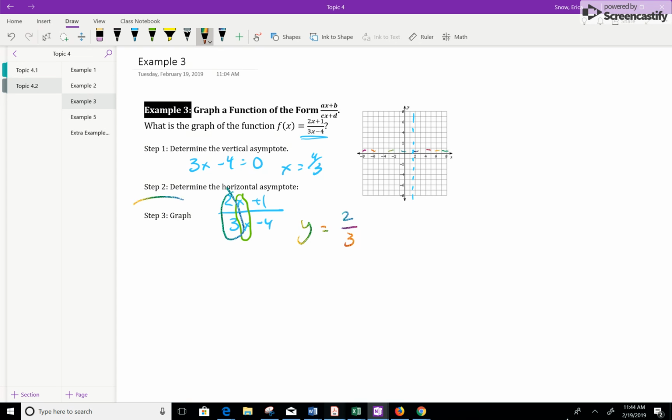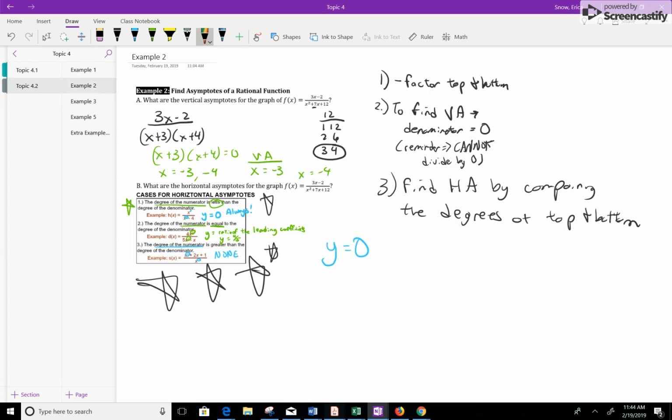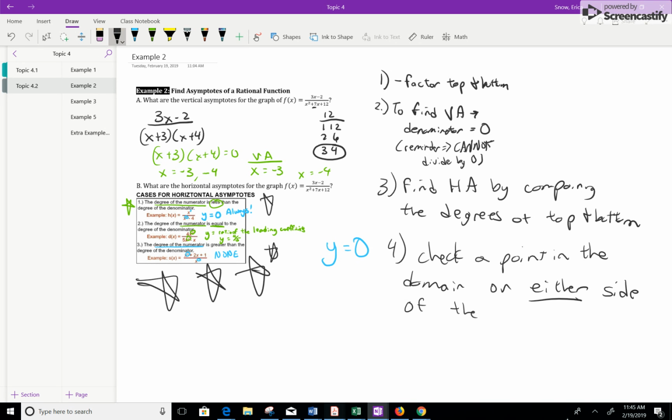Now, to graph it, I'm going to go back to our steps and we're going to add the final step. Check a point in the domain on either side of the vertical asymptotes to see where the graph is.